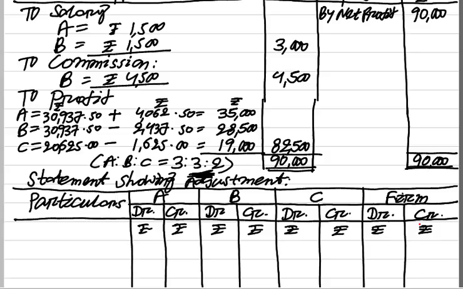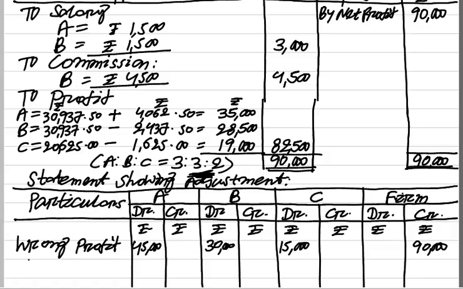This is the wrong profit. We have distributed the wrong profit in the ratio of 3:2:1. Wrong profit already taken by the partners means debit: 90,000 in the ratio of 3:2:1, 45,000 for A, 30,000 for B, 15,000 for C, all amounting to rupees 90,000.